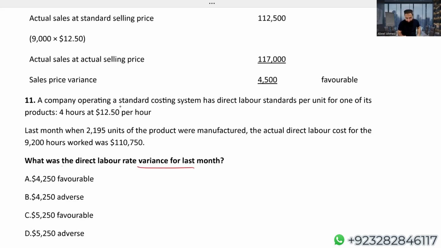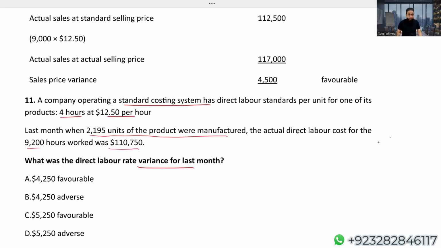A company operating a standard costing system has a direct labor standard per unit of one of its products of 4 hours at 12.5 per hour. Last month, 2195 units of the product were manufactured. The labor actually worked 9,200 hours, and the company paid 110,750.